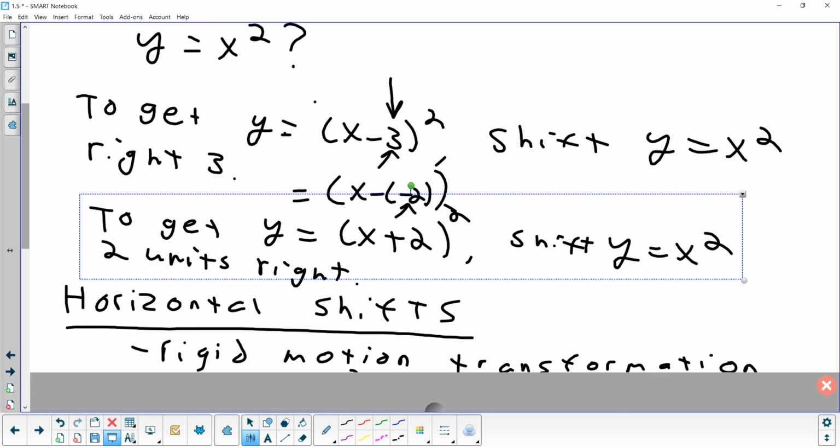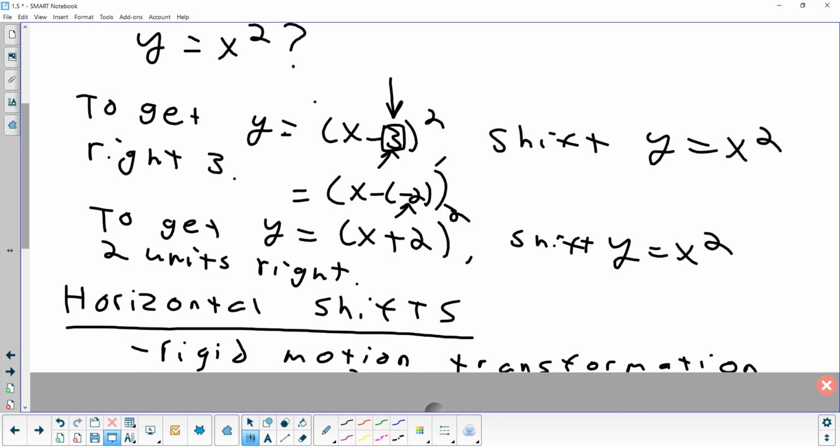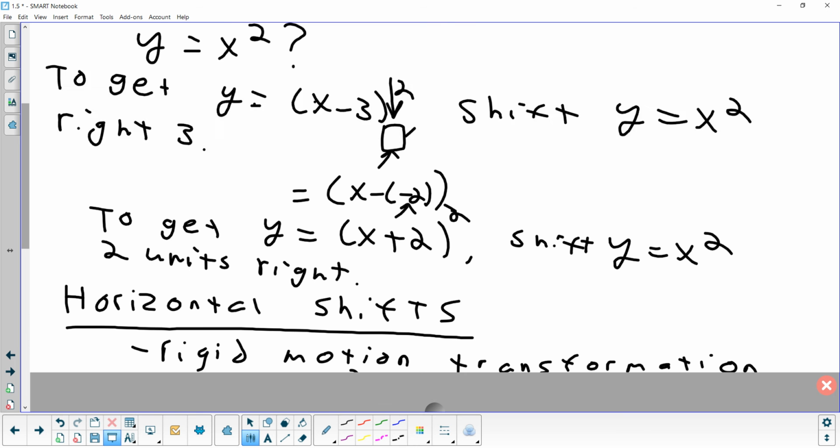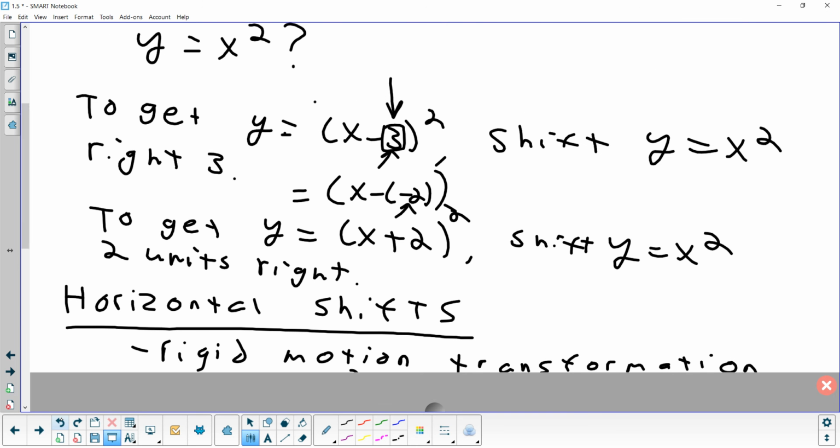In this one, focus just on that. So focus on what comes after the minus sign. Block everything else out. So that's a 3. Positive 3 if you block out everything before it. Positive would mean to move right 3.